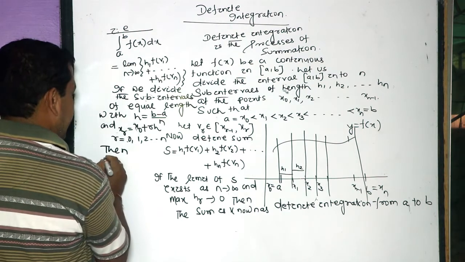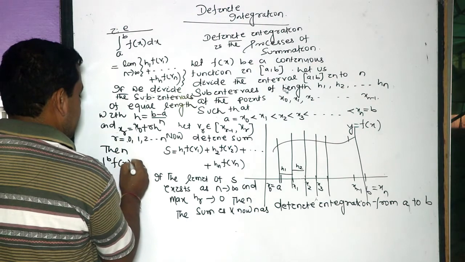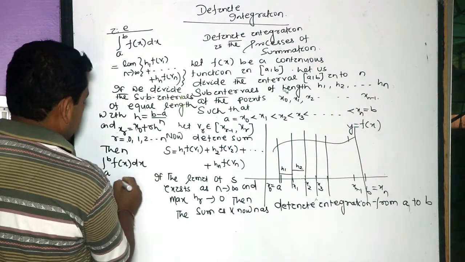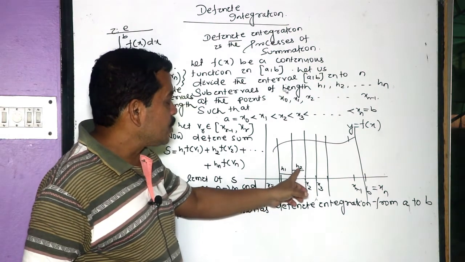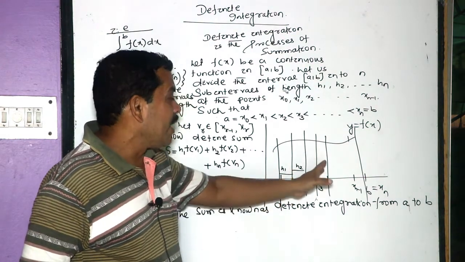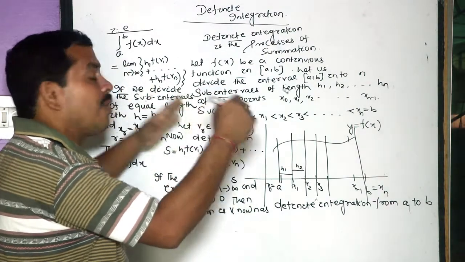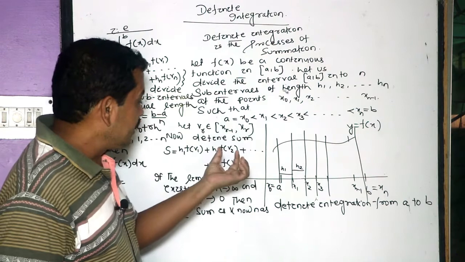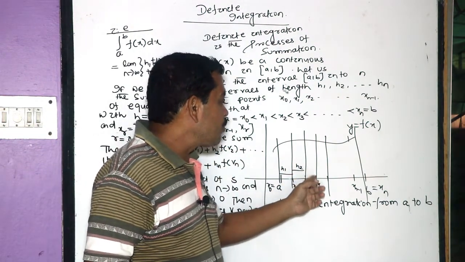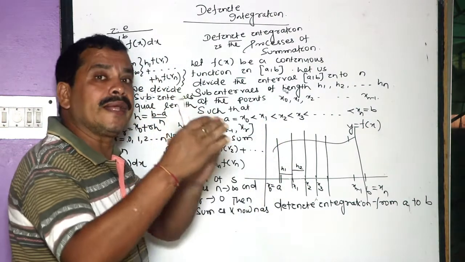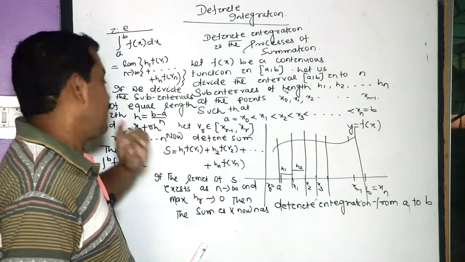then the integration from a to b of f(x) dx becomes, here we took subintervals of lengths h1, h2 which may be different or may be equal, but now for convenience we take the subintervals of equal length, meaning the gaps between x0, x1, x2, x3 are equal, of length h, where h equals (b minus a) by n.